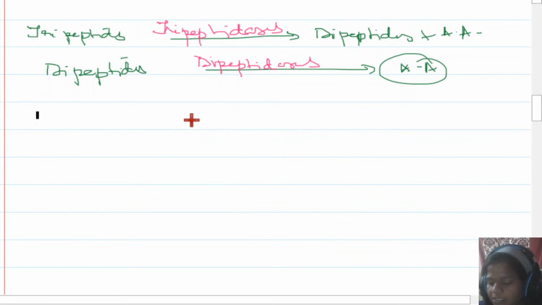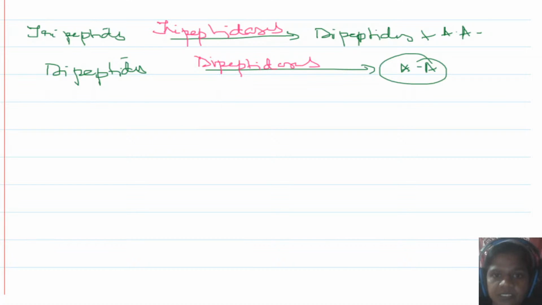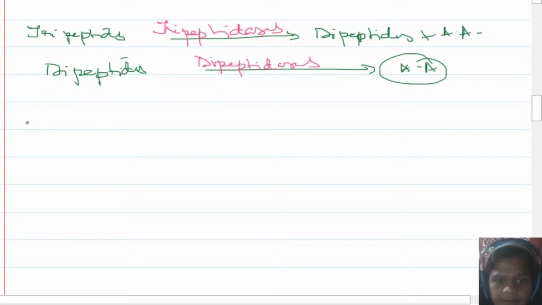So what is left? We still have lipids to deal with, right? So let's look at lipids. Now, of the digestive juices that are produced or associated with the GI tract, the only one that doesn't have enzymes is bile.